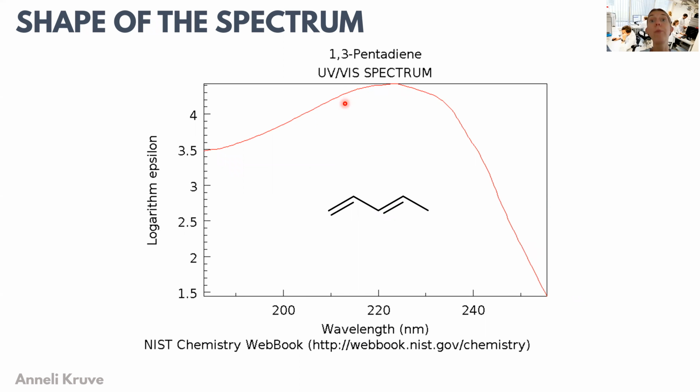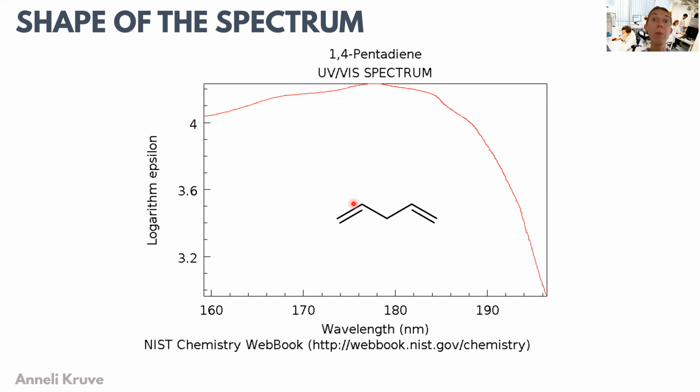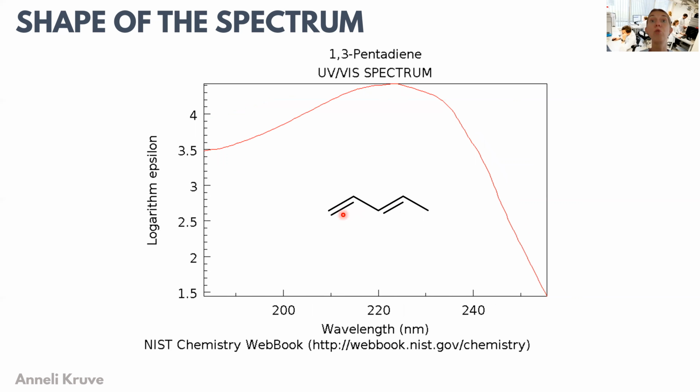Before it was about 190 or below, and now we have it in the ultraviolet region, at 220 nanometers. This compound can be measured in ultraviolet spectroscopy because its absorption maximum is now in the ultraviolet region. This clearly shows that in the first example, we have two isolated double bonds, so the wavelength is shorter, while now when we have two conjugated double bonds, the wavelength is shifting to a longer wavelength.